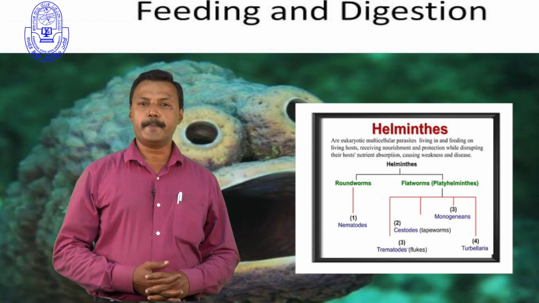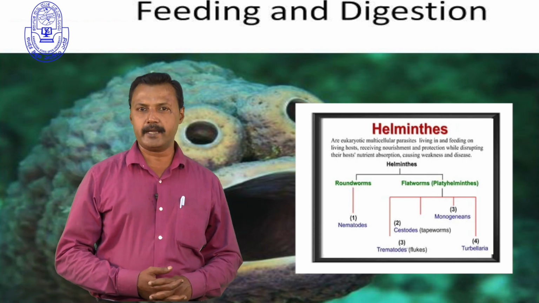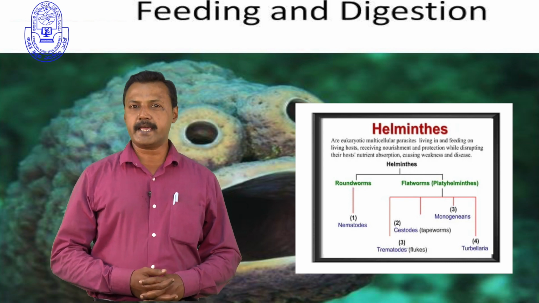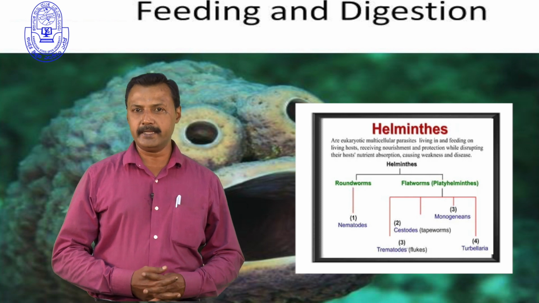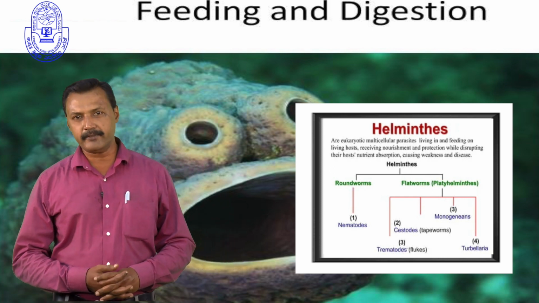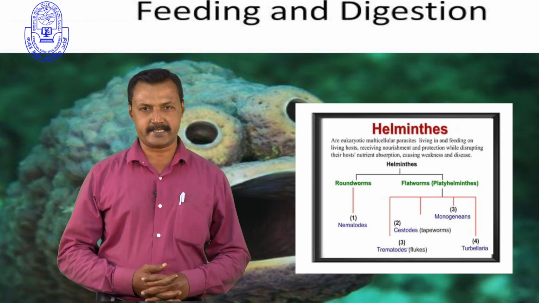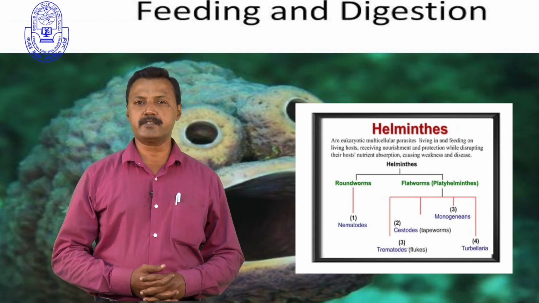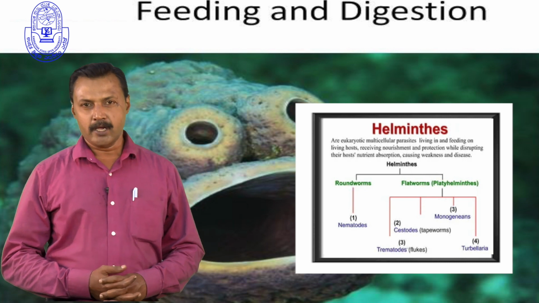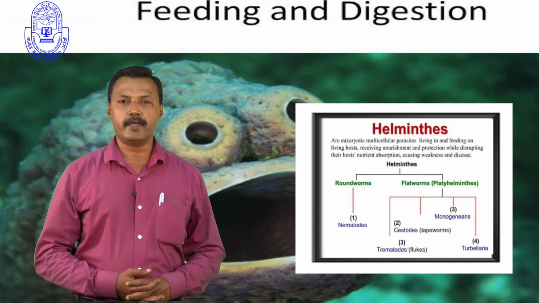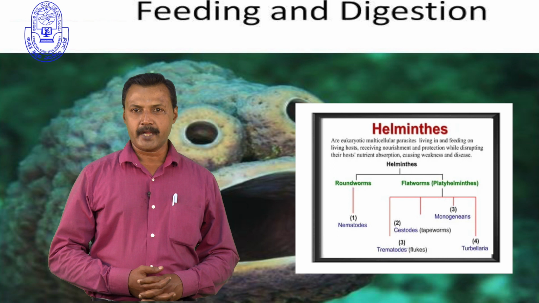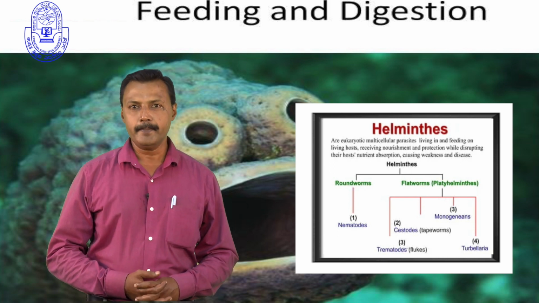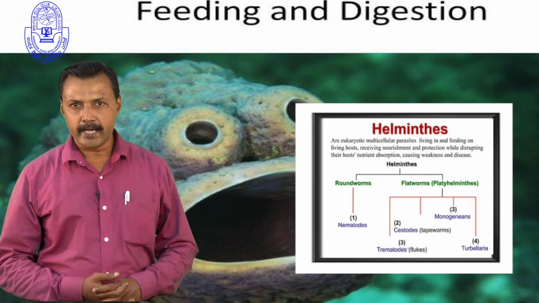The majority of these helminthes are parasitic in nature. The Platyhelminthes are further divided into three important classes: class Cestoda, class Trematoda, as well as class Turbellaria. Turbellarians are examples like planaria, Cestoda are examples like the tapeworm, and Trematoda are examples like the liver fluke.